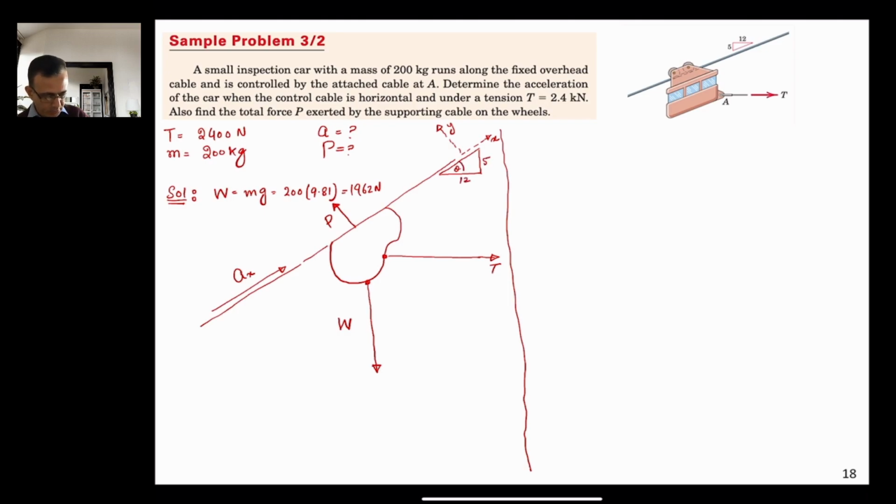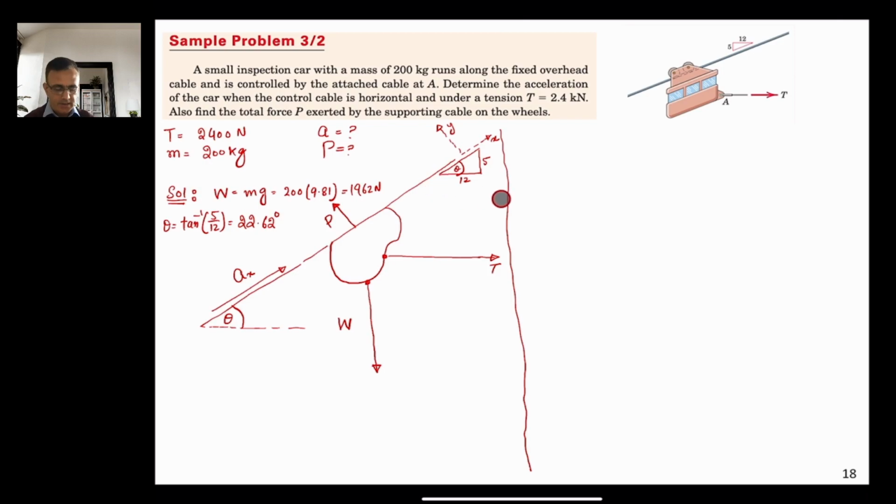From here you can calculate this angle: theta will be equal to tangent inverse of 5 by 12, which will become 22.62 degrees. You manage to calculate this angle, which is our theta here.